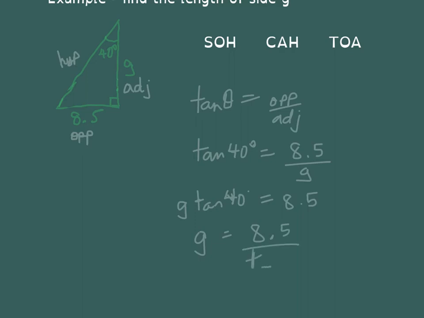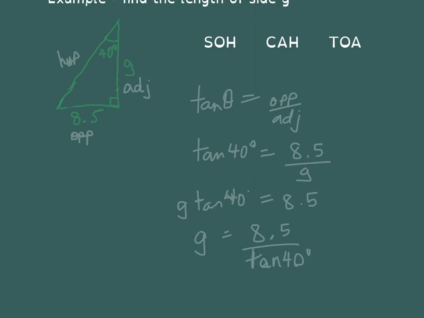Now, I forget if your book does this or not right off the top of my head. I like writing it this way. Again, I kind of alluded to this in the previous example. I like writing it this way because as soon as I write out what tan 40 is, as soon as I press that button tan 40 on my calculator, I get a number that I inevitably have to round.